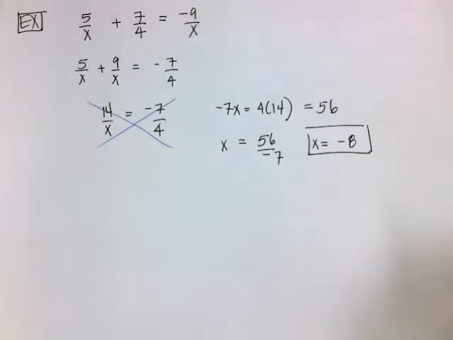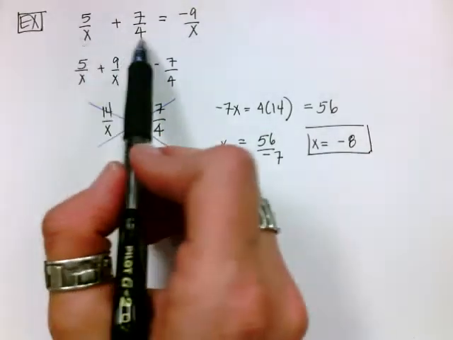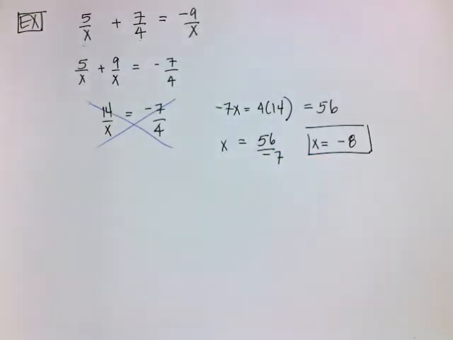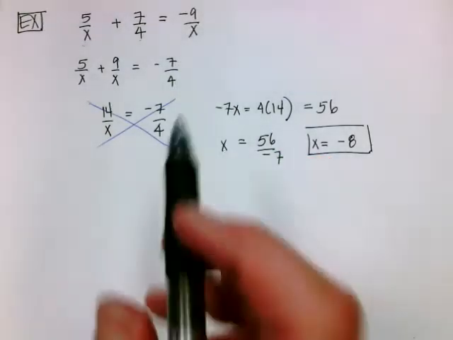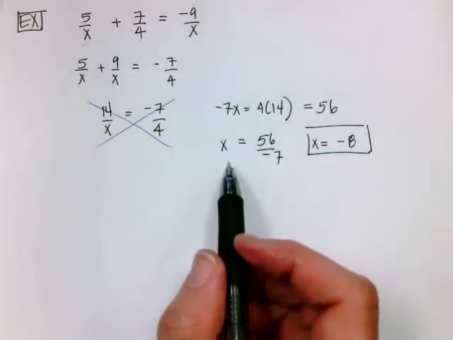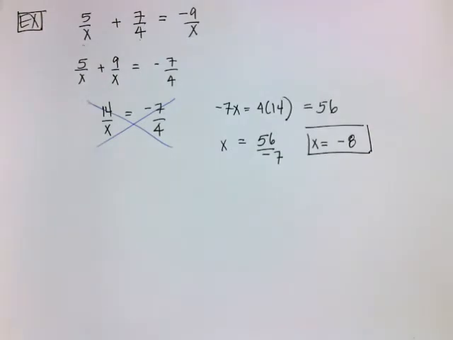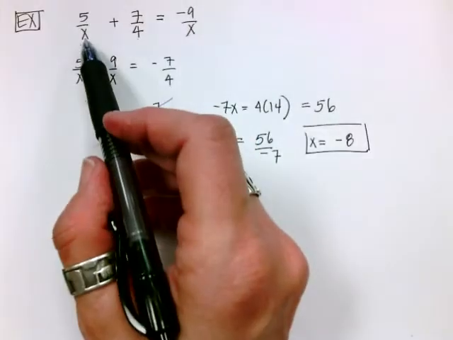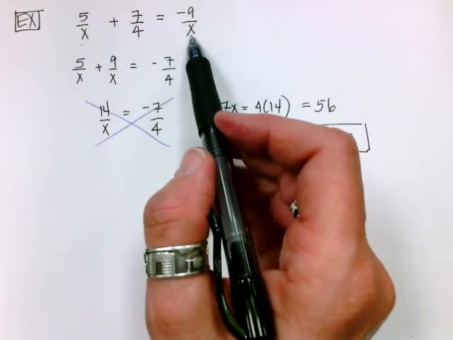Way easier than a way that I did it in my notes, you lucky dogs. So I put these two fractions together first, and then I cross multiplied, but as I sat and looked at it, thought, nope, that would make way more sense. So it actually turned out to be a fairly polite solution. Again, I want to check my solution and make sure that it doesn't make a denominator be 0.